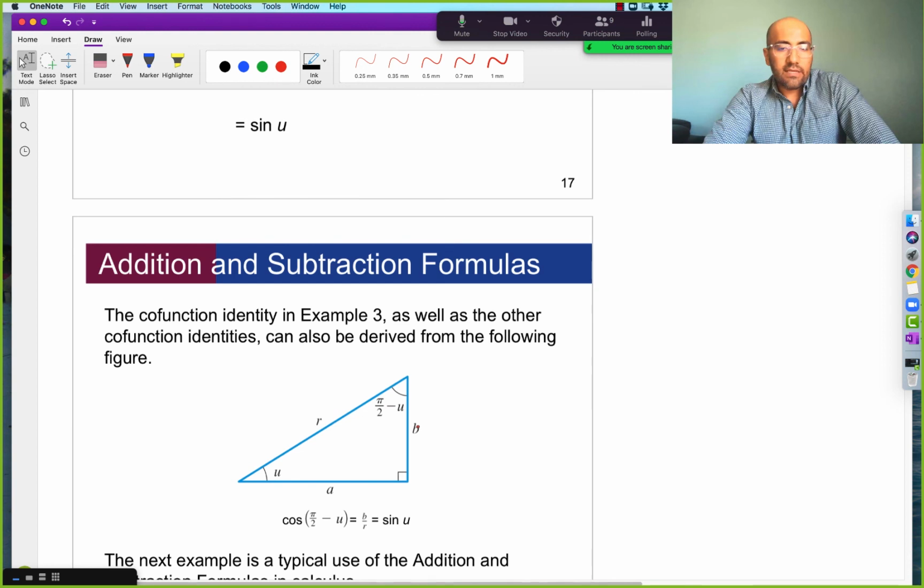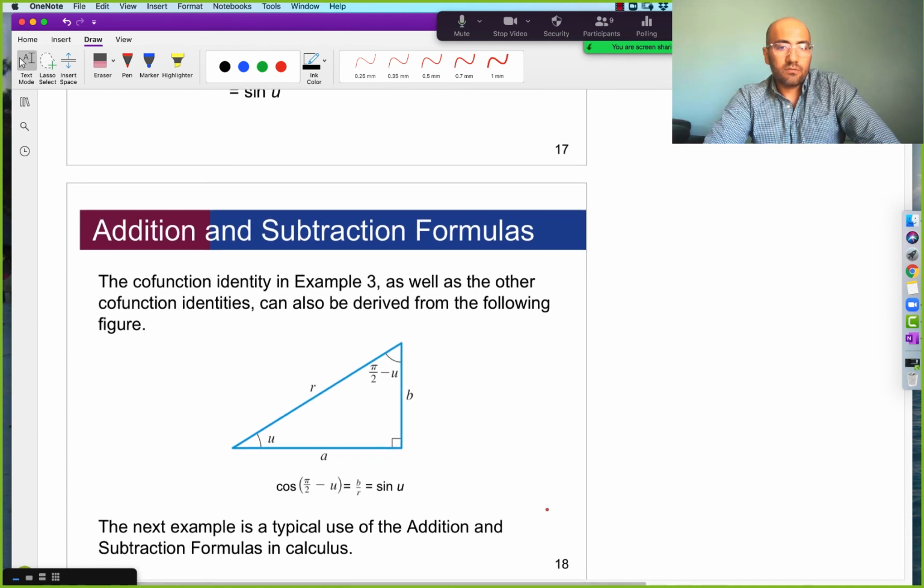So if this side is b, and this side is a, and this side is r, then sine of u is b over r. But at the same time, cosine of this must be b over r. So it must be true that cosine of pi over 2 minus u is equal to sine of u.